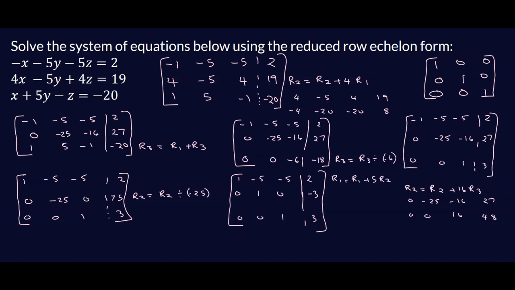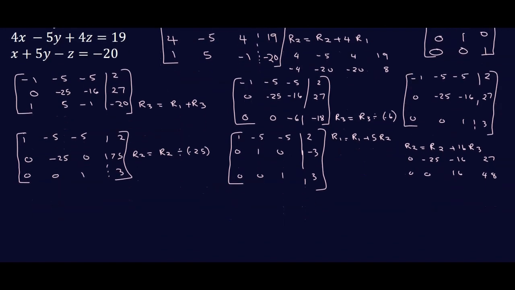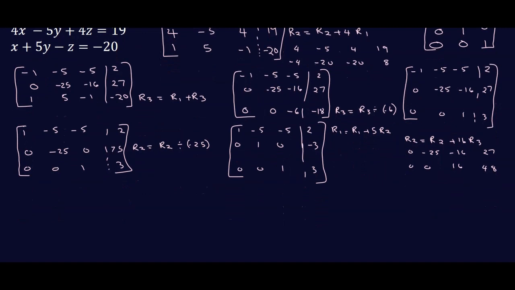So let's draw out our rows 2 and 3. Row 2 is 0, 1, 0, and then we have -3, 0, 0, 1, and then we have 3.